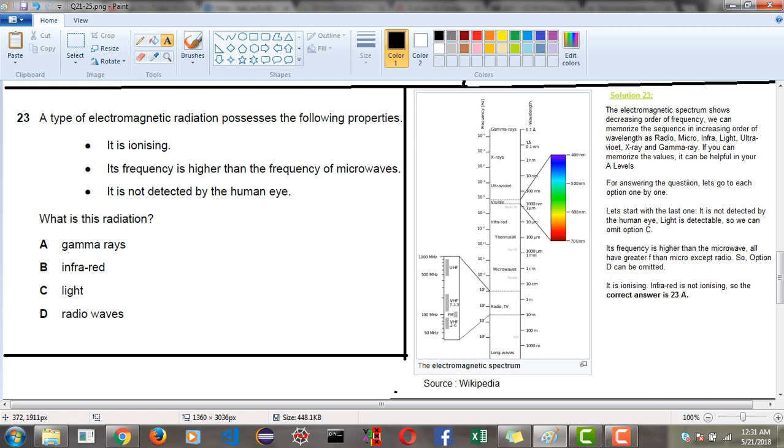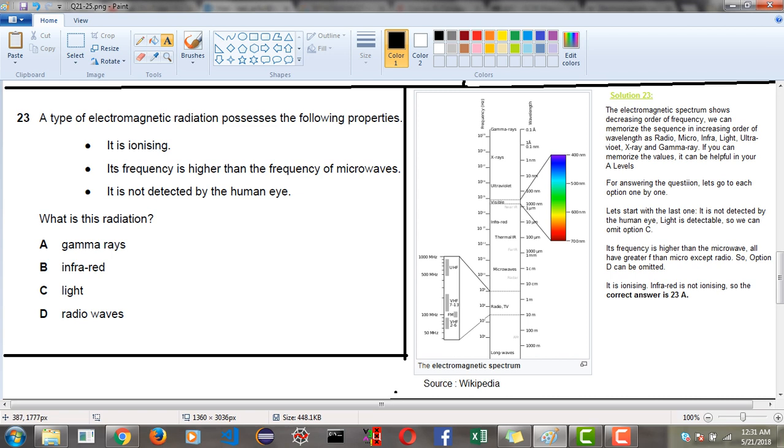Let's go from below to top. It says it is not detected by the human eye. Comparing all the options, we see that option C, light, is actually detected by the human eye, so we can omit this option. The second one says its frequency is higher than the frequency of microwaves.